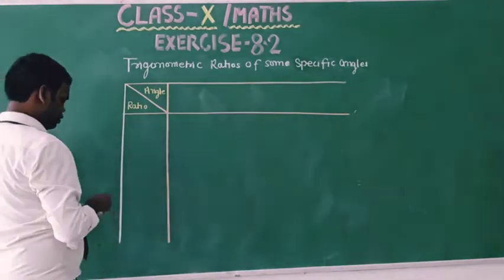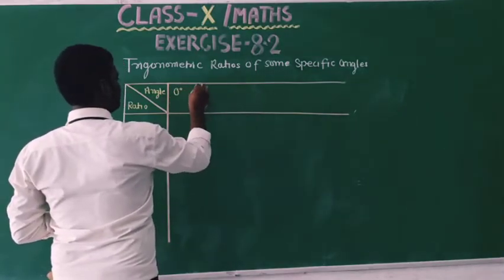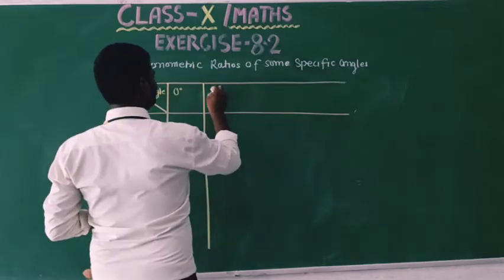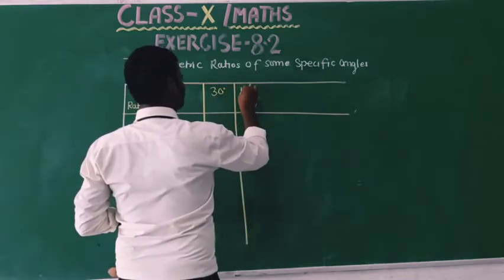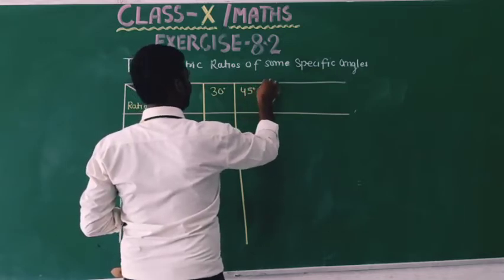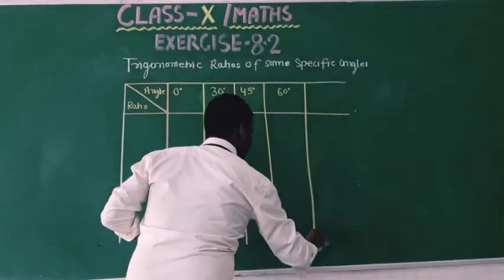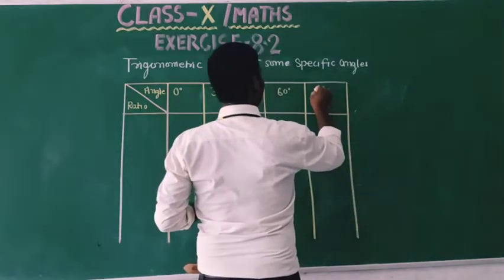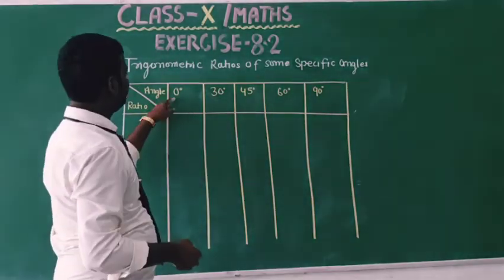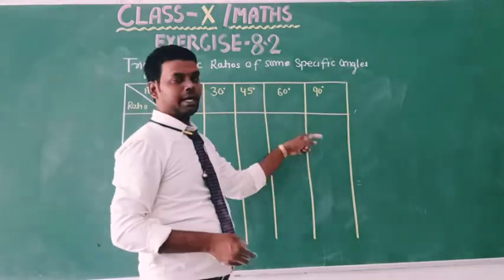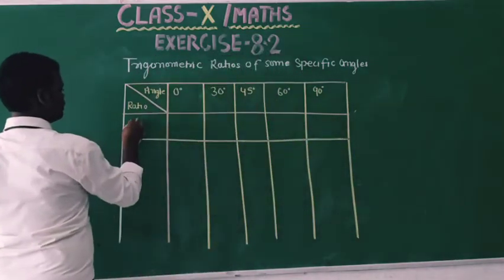The angles are 0 degree, 30 degree, 45 degree, 60 degree and 90 degree. And this is the row of ratios.